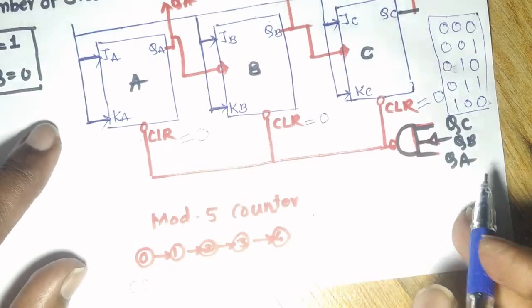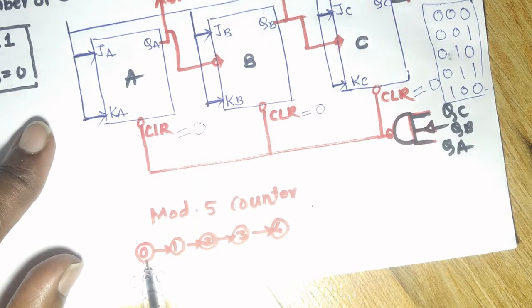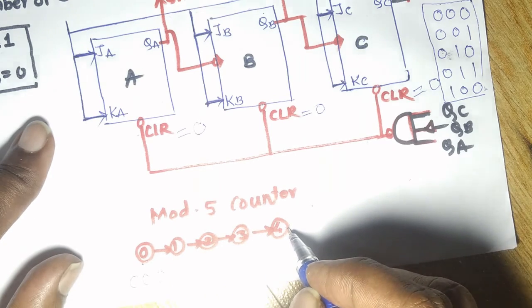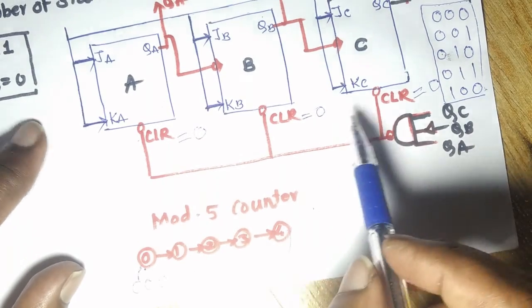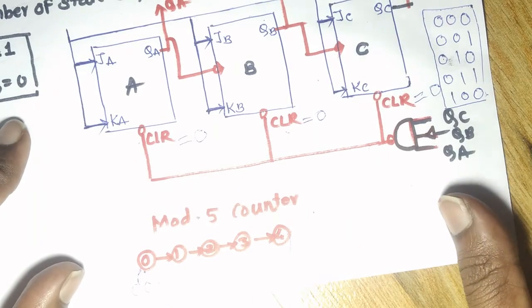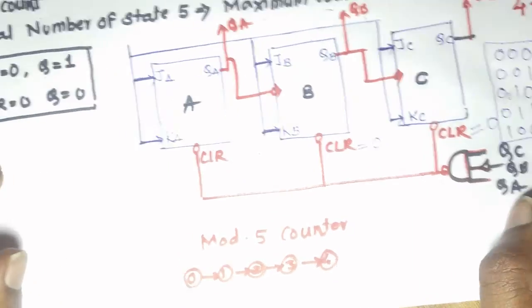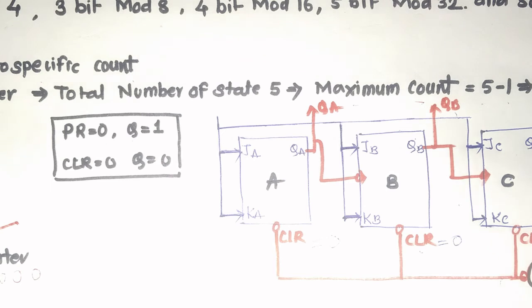The states in decimal are: it will count 0 first, then next state 1, next state 2, next state 3, next state 4. After 4, the counter will reset to 0 by supplying clear equal to 0 to all the flip-flops. So in this way we have designed the mod 5 counter, and we have seen the modulus of the counter. Thanks for watching this video.